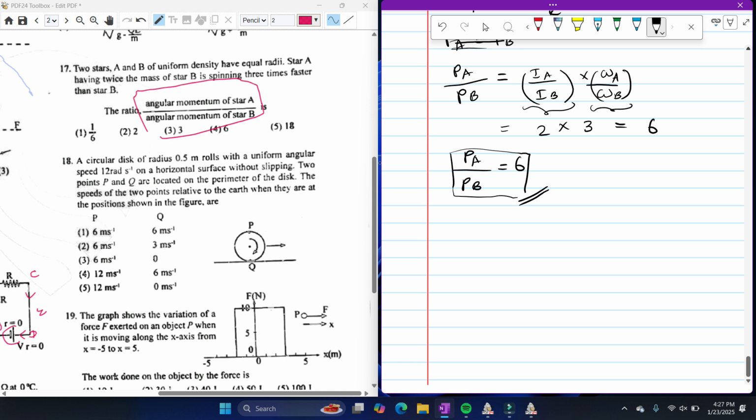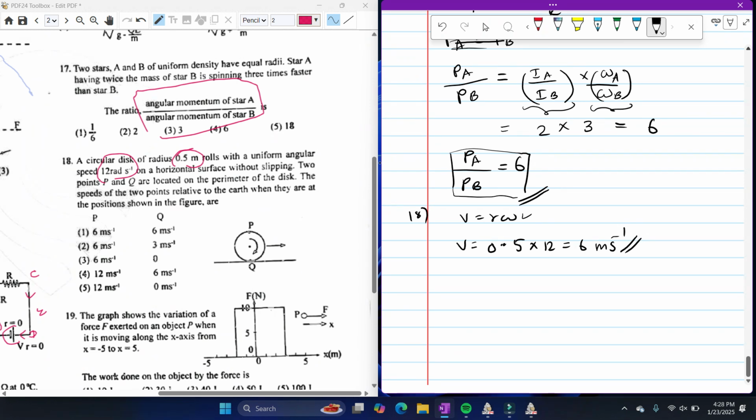So once the wheel has an angular velocity of 12 rad per second, the linear velocity can be found using V equals R omega. We know omega, and the radius has already been given, 0.5. So 0.5 into 12 equals 6 m/s.